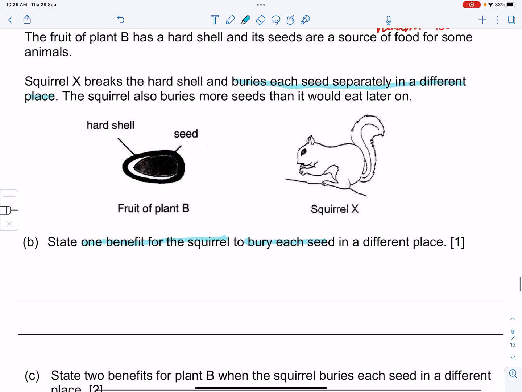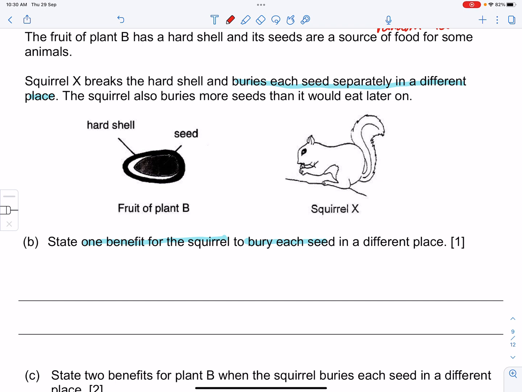So the whole idea is that if another animal comes, they would only find the seeds buried in location A. The squirrel will still have B, C, D as a backup plan. They will still have food. And no, these other animals are not predators, because your seeds are basically not animals. Quite a number of you wrote that.